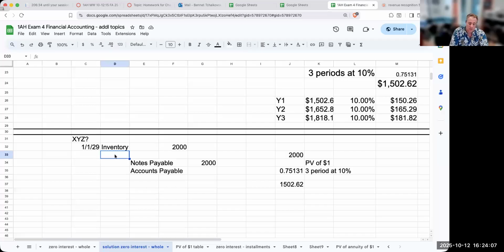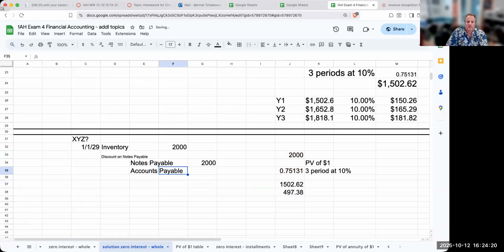So I'm going to record a discount on notes payable for the difference over here of 497.38. Because this is really what my future obligation is. It's not 2,000 that has to be paid today. This is 1502.62, and I show this on my balance sheet over here.